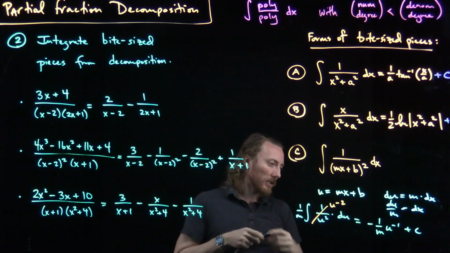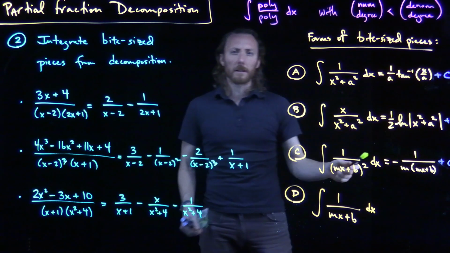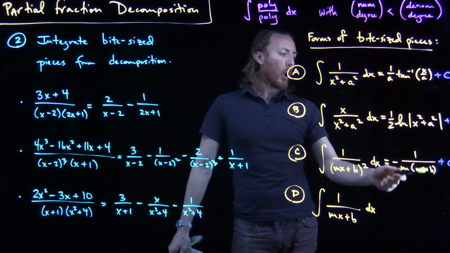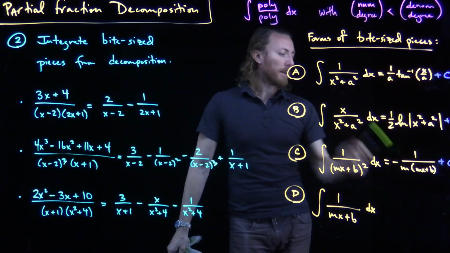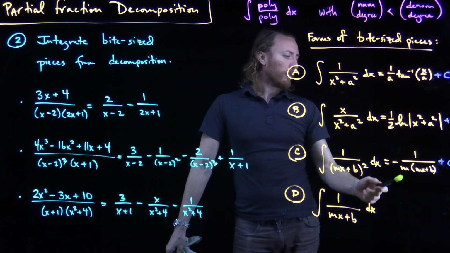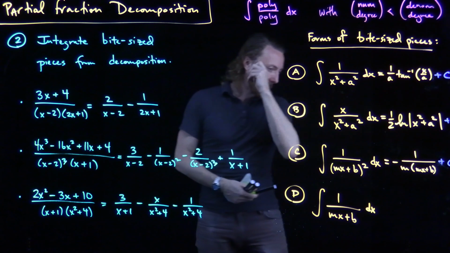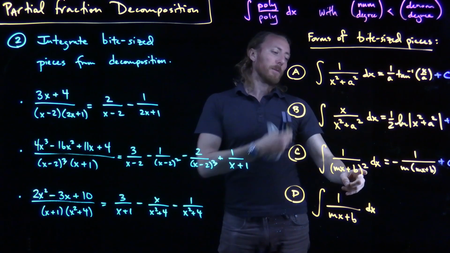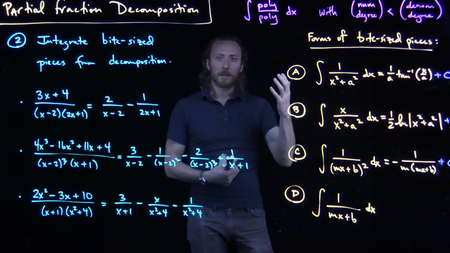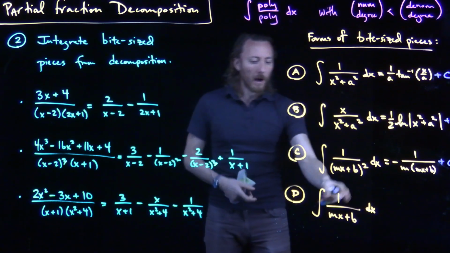If we replace u, with 1 over u, knowing that u is mx plus b, we just get minus 1 over m times mx plus b, with one factor of mx plus b downstairs. If we happen to have something like mx plus b cubed, then we just have mx plus b squared downstairs, because the power rule would increase the power by 1, from a power of minus 3 to a power of minus 2. What about the last case?